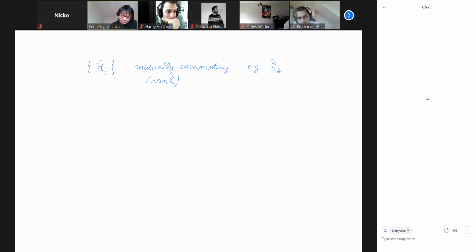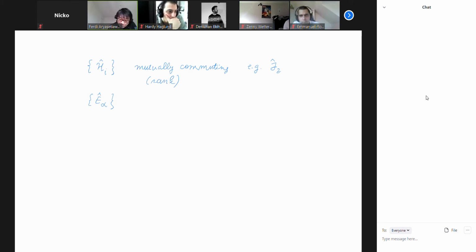So the point is that we can do this. We can collect mutually commuting operators, and then we have the rest of the operators, which I call E alpha. So E alpha will be some linear combinations of the rest of the operators.